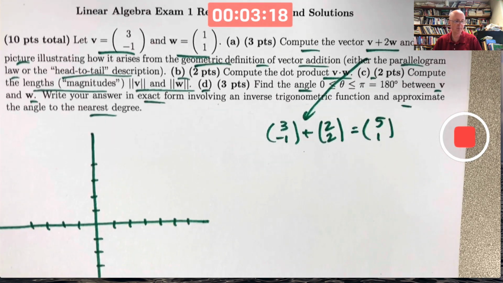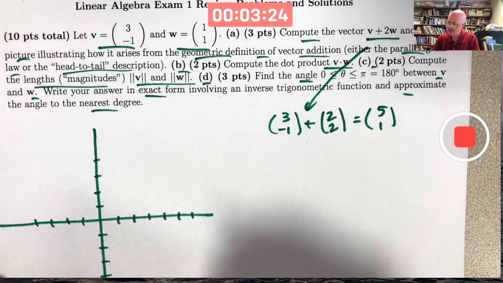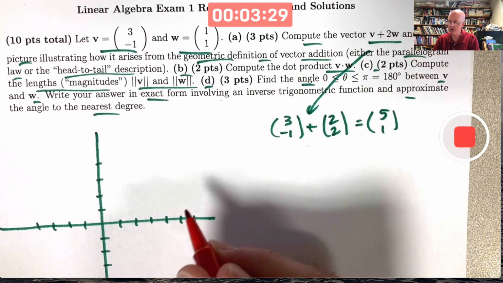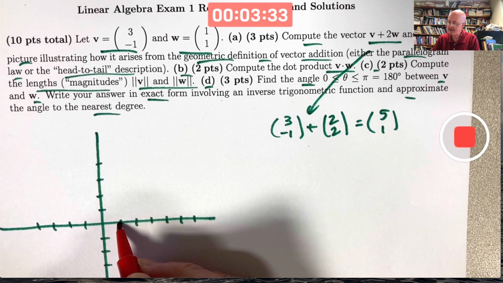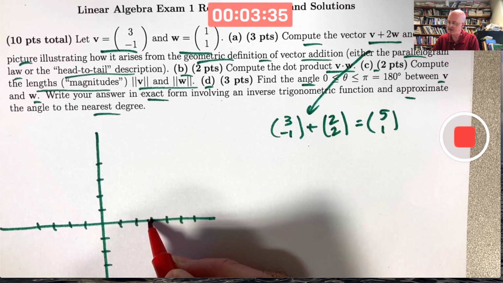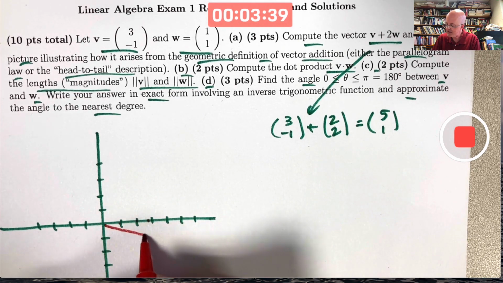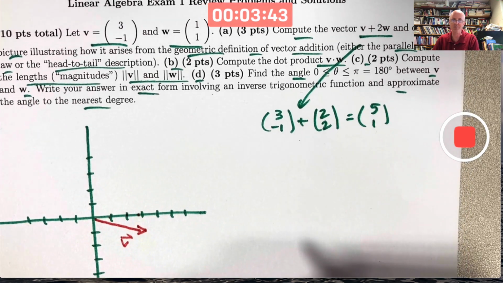Now let's try to draw a picture illustrating this, either again with the parallelogram law or the head-to-tail description. I'll do both. Okay, so v is a vector whose first component is 3 and whose second component is -1. If I put its tail at the origin, that means its horizontal displacement brings us over to 3 and its vertical displacement brings us down to -1. So v looks about like that when I put its tail at the origin.